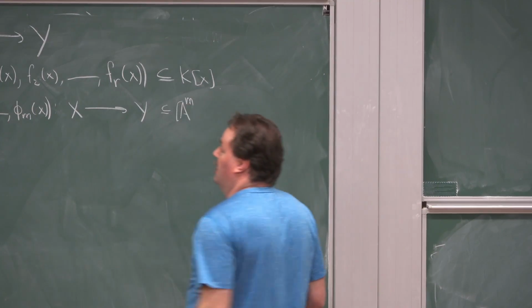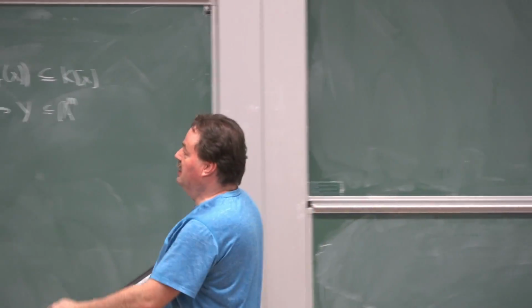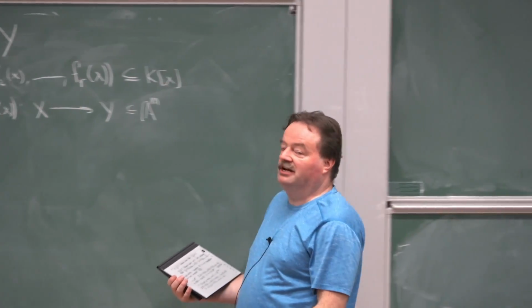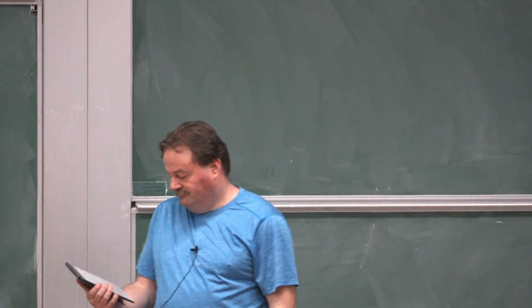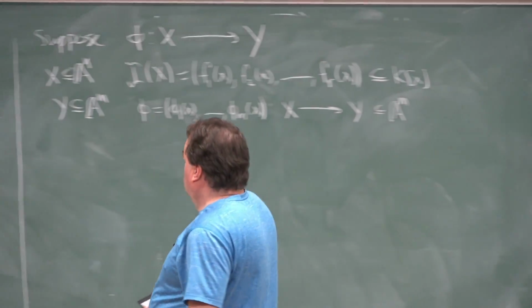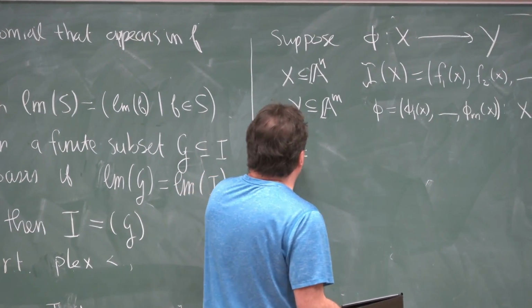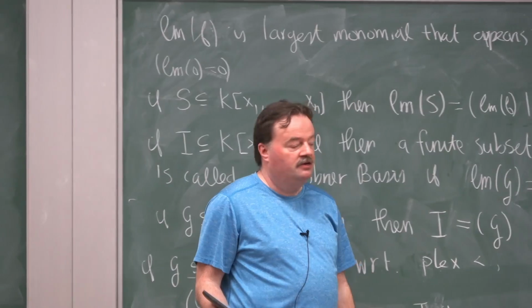So phi_i is the ith coordinate. These phi_i's are unique up to modulo this vanishing ideal. Okay. So now we can look at the graph of this morphism phi.